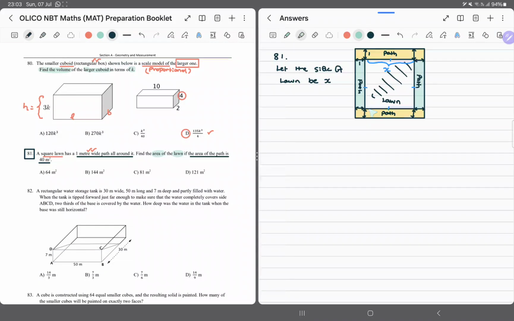So a little bit of creativity, guys, can help a lot, because now we can see that this area here is equal to that area, and that yellow area is equal to the other yellow area.